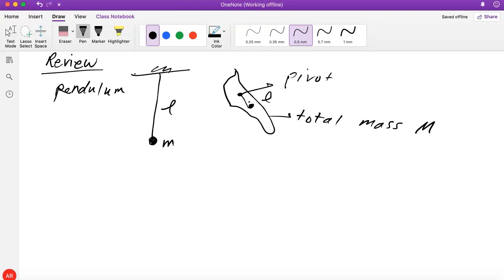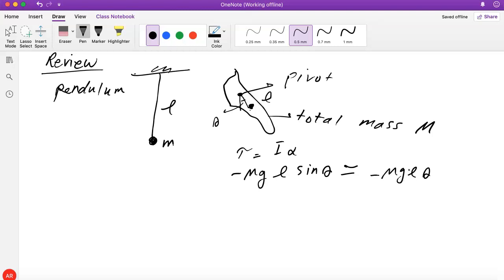So the general formula we derived here for the physical pendulum was using tau equals I alpha, and we said, well, tau is going to be counterclockwise, and if this angle is theta from the vertical direction, it's going to be minus mg, the force, times L sine theta, which we can approximate by minus mgL theta for small angles.